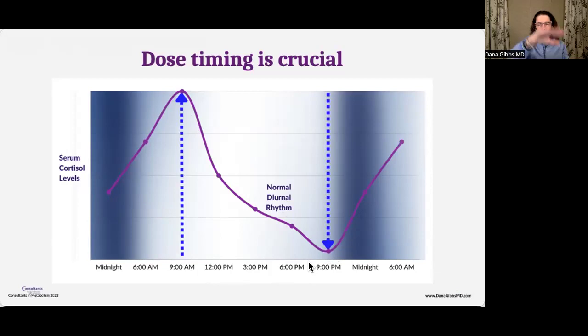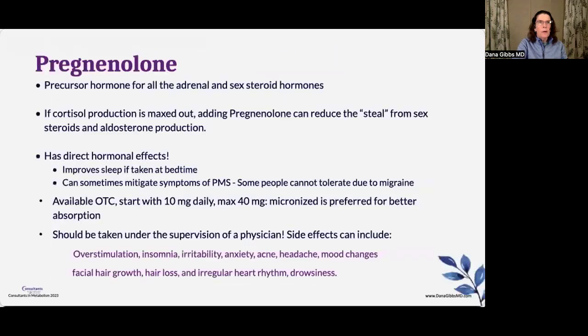And this is the normal diurnal rhythm that we're going to try to mimic with this supplement when we take it. So please do not take it afternoon or with your evening meal. Those are really not the ideal times to take it.